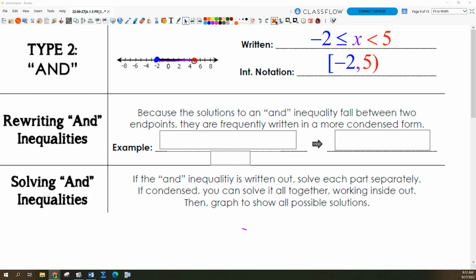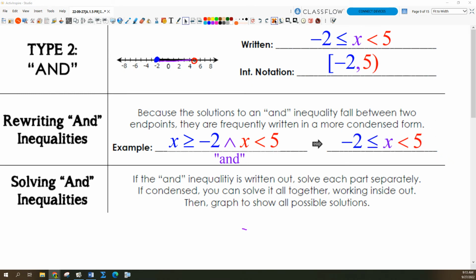Okay. So with and inequalities, you can technically write these using an and symbol. So we could say x is greater than or equal to negative 2 and x is less than 5. Technically, that's okay, but it's much, much better to write it as a 3-part and inequality.